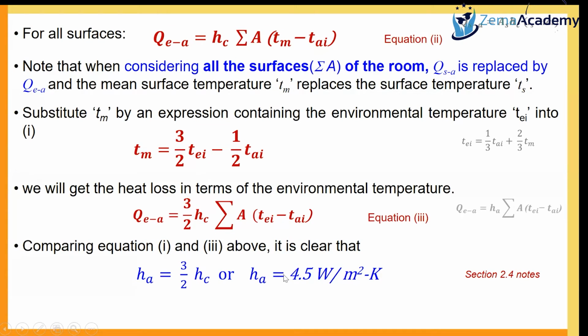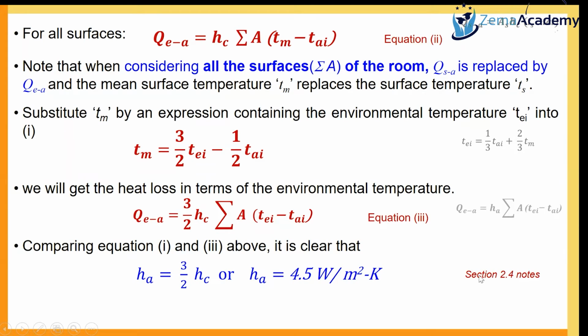Why? Because if you remember, in week 1, when I was talking about convective heat transfer process, I showed you a table of H values. Those H values were based on horizontal, vertical, upward, downward, and each of those figures were shown to express this value of HC.